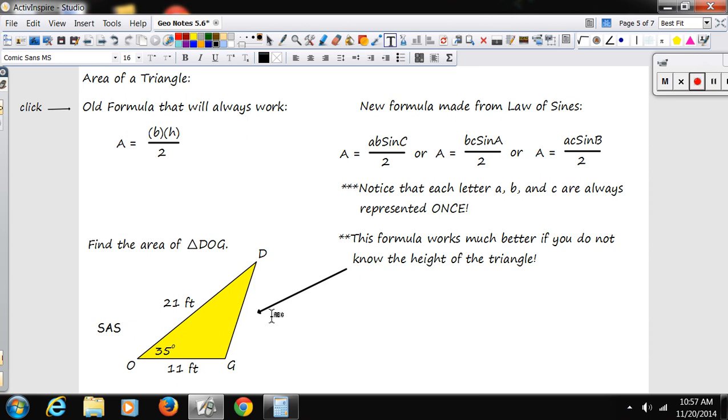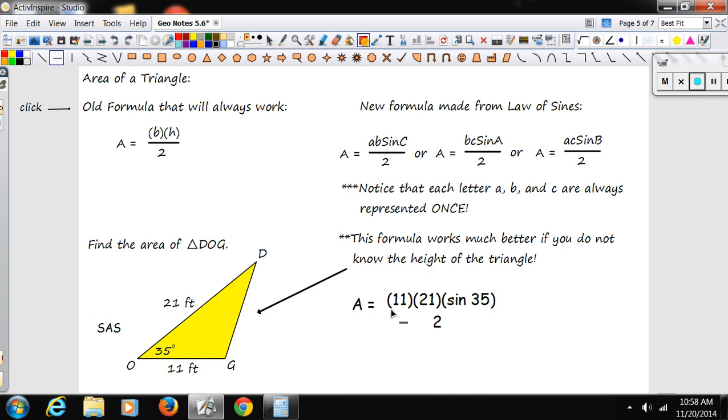Or I could simply put A equals 11, one side, times 21, my other side, times the sine of 35, my included angle, and then divide it by 2. I could put all that in my calculator and I'd be done. I'd have the area. I wouldn't have to calculate the height and the base and all that stuff. I'd have it right there.